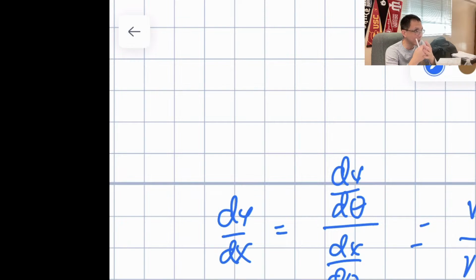And can you find out where the coordinate is? Let's find out the coordinate for 3 pi over 2. Yeah, you had to find out where.